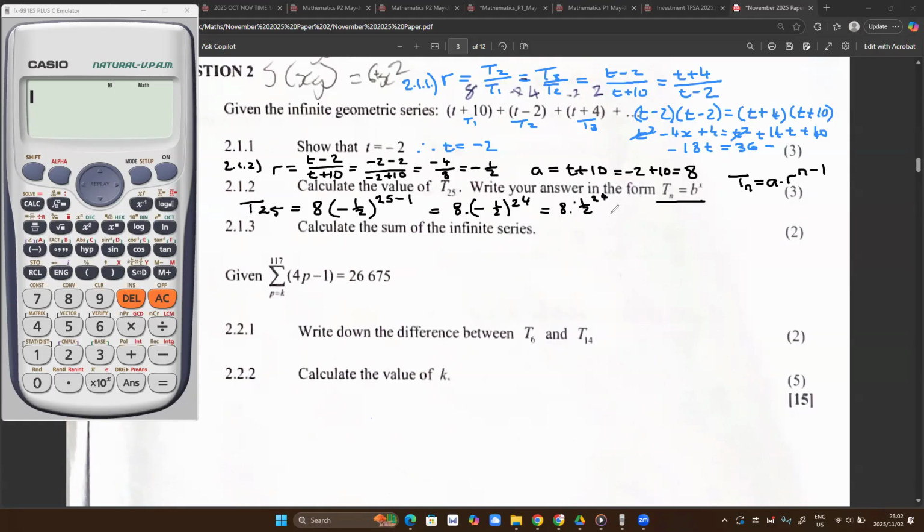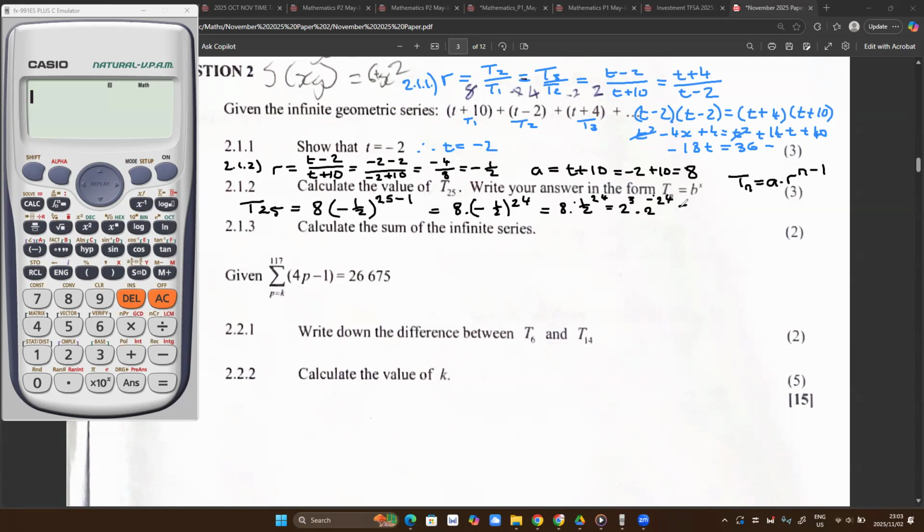So we have the fact that it's 8, but now 8 we can write as 2 to the 3. And a half we can write as 2 to the minus 1, so a half to the 24 is 2 to the minus 24, because we bring the 2 to the top and change the 24 to minus 24 instead of plus 24.